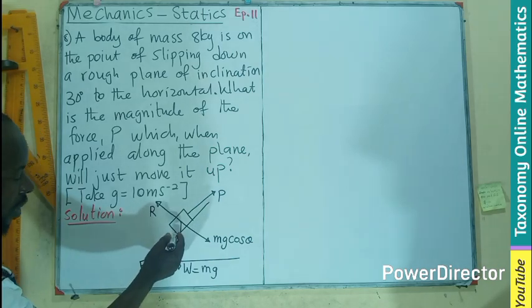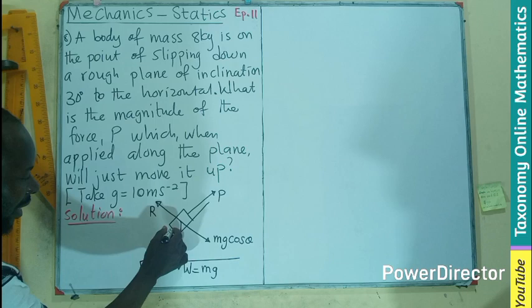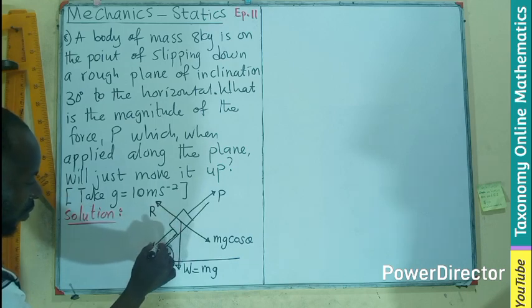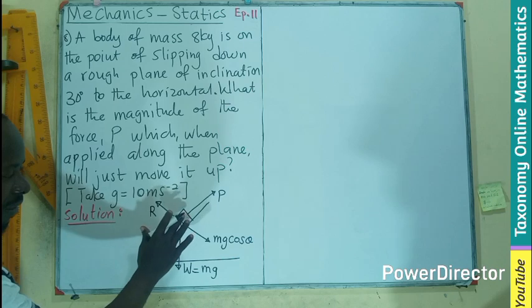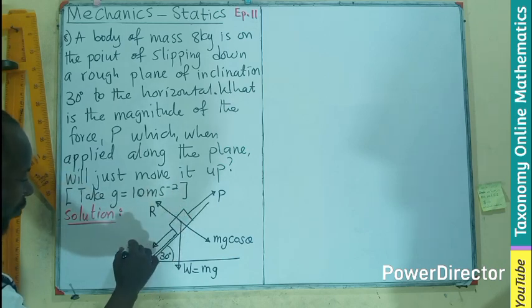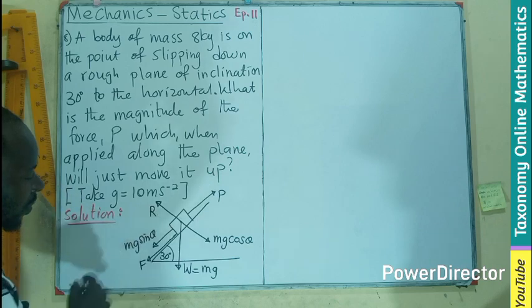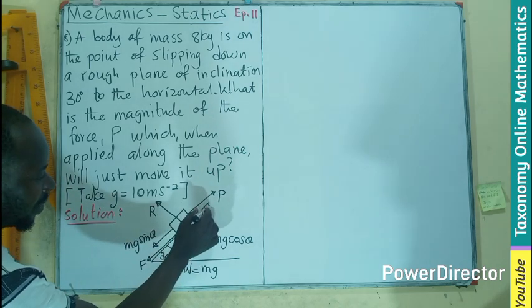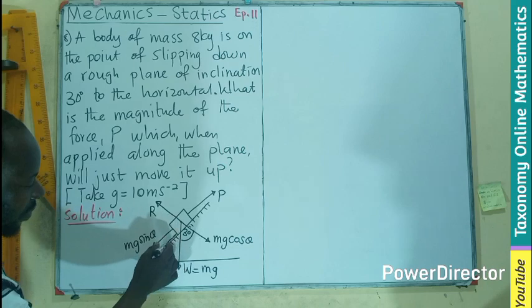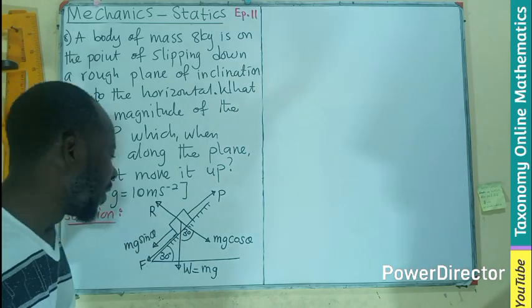Then there is also a force tending to make the body slide down, which is labeled mg sine theta. This angle is also theta, and this is the surface on which the body is placed.